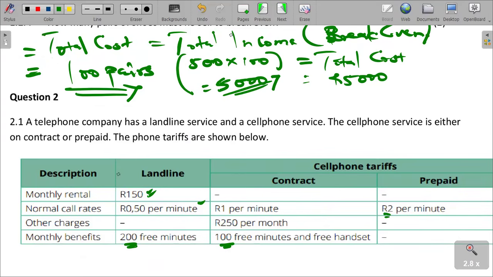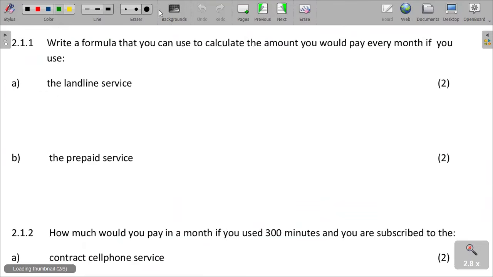So now the question comes and says, write a formula that you can use to calculate the amount you would pay every month if you use a landline. We are saying the amount that can be used on a landline, what is the formula that can be used?